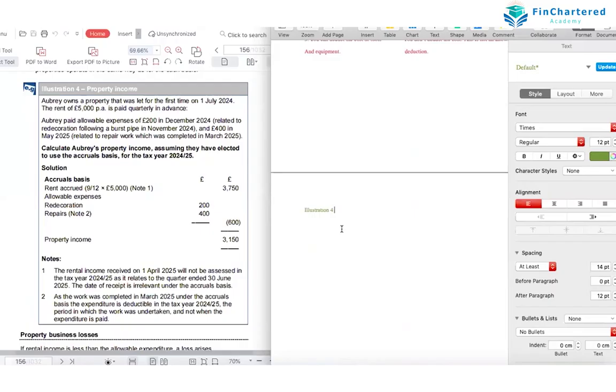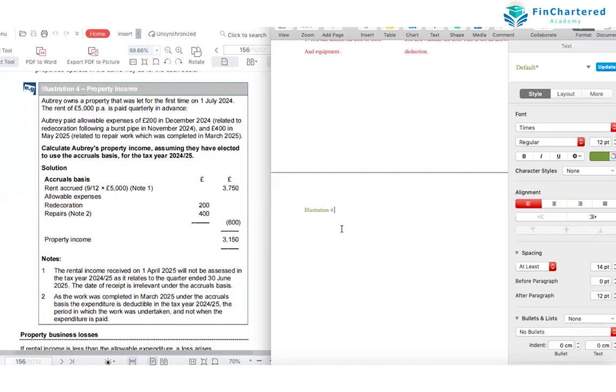Aubrey owns a property that was let for the first time on 1st July 2024. The rent of 5,000 per annum is paid quarterly in advance. Aubrey paid allowable expenses of 200 in December. So again, you know it's an allowable expense, so no need to worry about it. And 400 in May 2025.